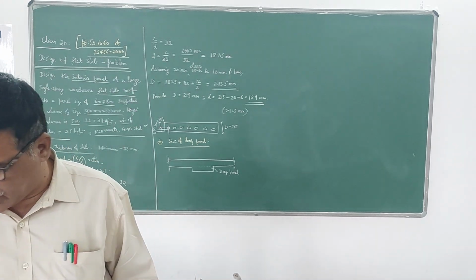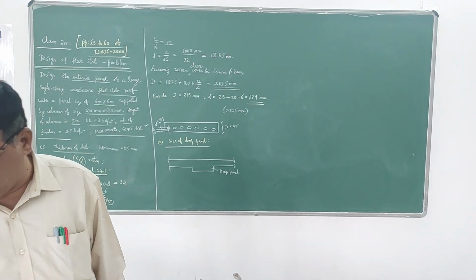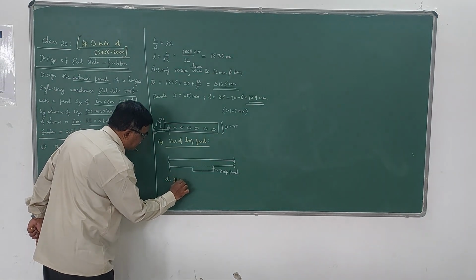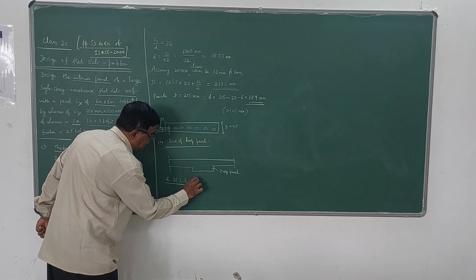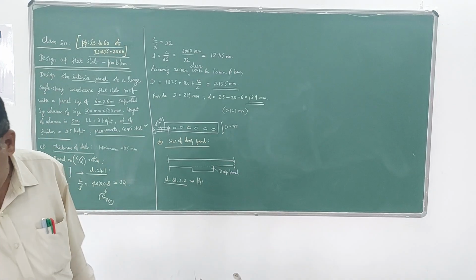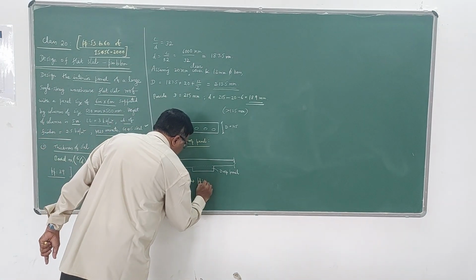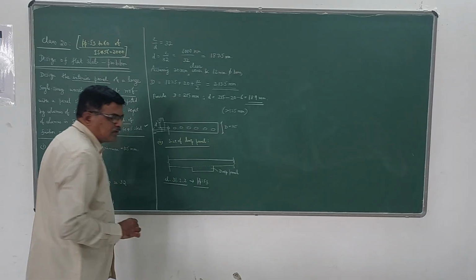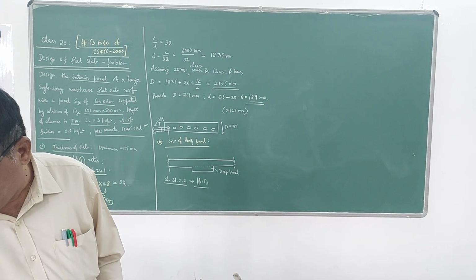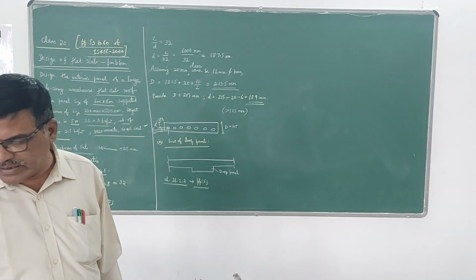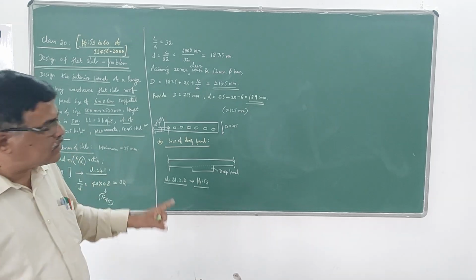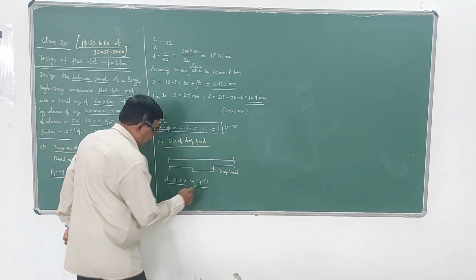Once again, as per clause 31.2.2 of the code, page number 53. Page numbers are very important, you can directly refer to the code. Drop panel should not be less than span divided by 3.